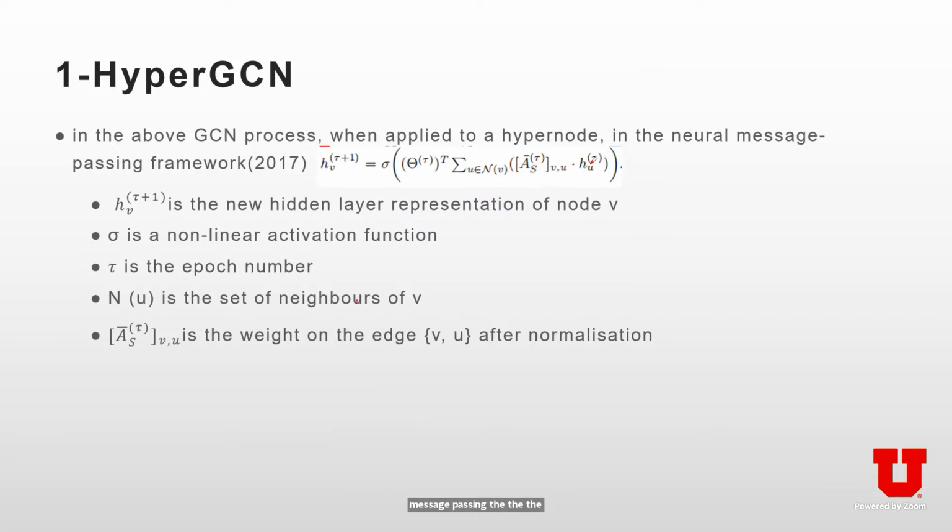HV is the hidden information in the hidden unit of the node V, and this is the hidden information of the node U, and tau is the epoch, and theta is the hidden weight.